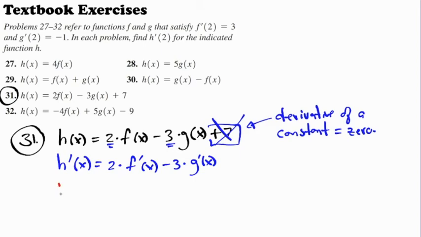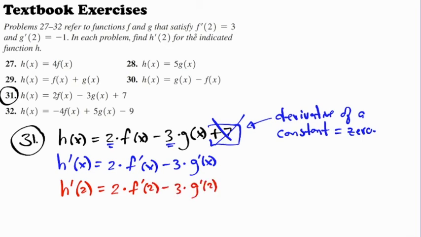Now we are asked to evaluate h prime of 2. So that would give us 2 times f prime of 2 minus 3 times g prime of 2.